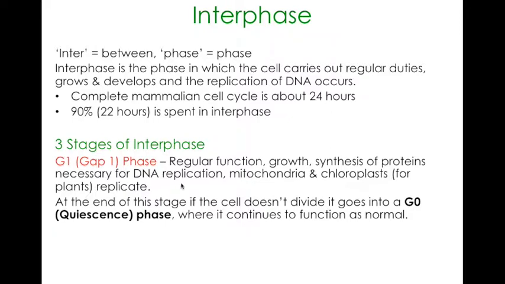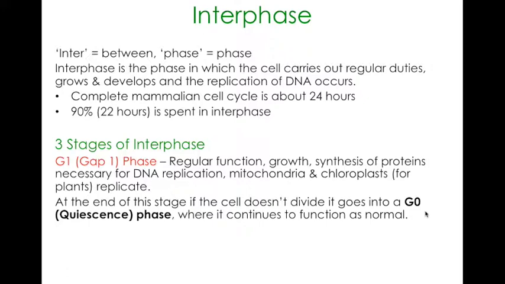Now, there are some cells that will not divide. For example, mature brain cells won't divide, in which case, at the end of this G1 phase, the cell, if it doesn't plan on dividing, will enter into what we call a G0 phase, which is otherwise known as quiescence.